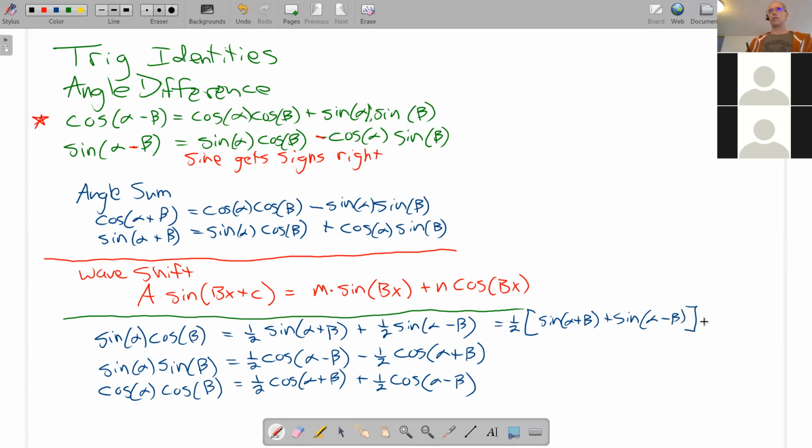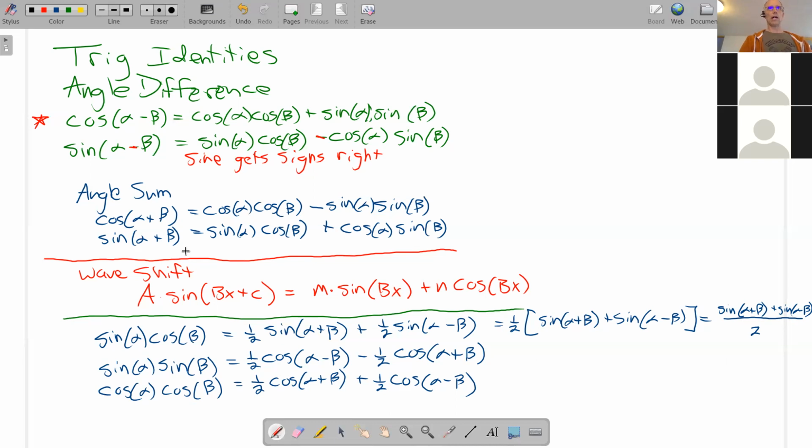And sometimes you'll see it written as a fraction with the sum over 2. But it doesn't matter whether you distribute the 1/2 or multiply 1/2 or divide by 2, it's all the same thing. But you will see some variation in these formulas and the way they're written. So it's kind of cool that this product turns into basically an average of two sine functions. Just kind of a neat way of looking at it there.